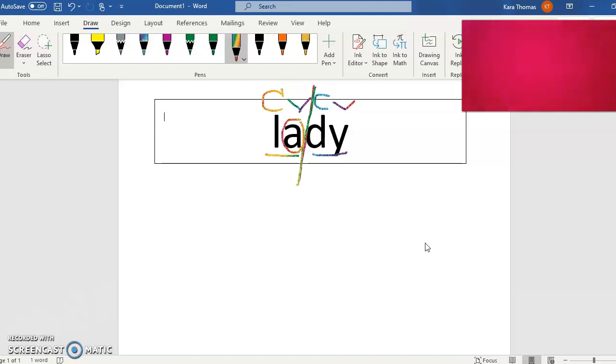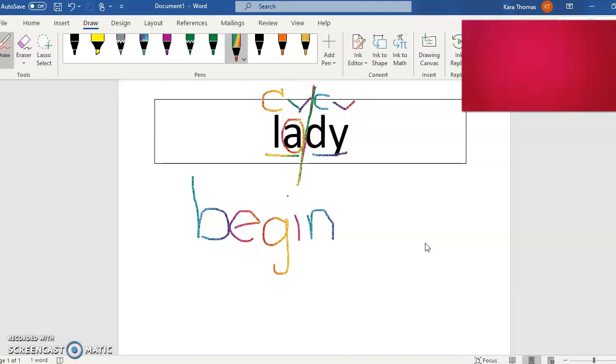Let's try another one. Let's try this word. Let's read it together. Begin. Let's slow it down. Begin.